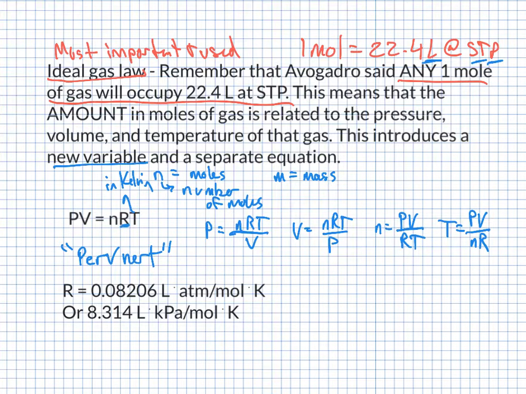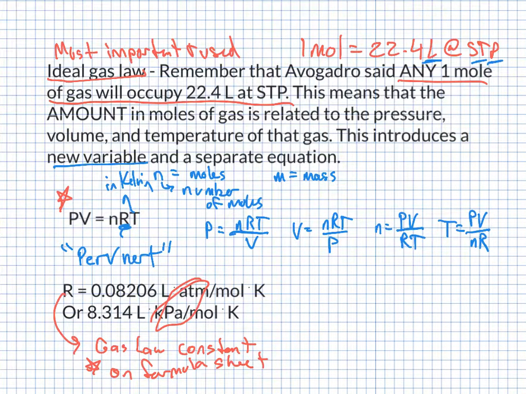But what is R? R is what we refer to as the gas law constant. It is a constant. It's the thing that makes all of these other 4 variables work. The ideal gas law and this gas law constant are both on the formula sheet, which is lovely. Now there are multiple different numbers that can be used for R, and they all depend on the pressure variable.